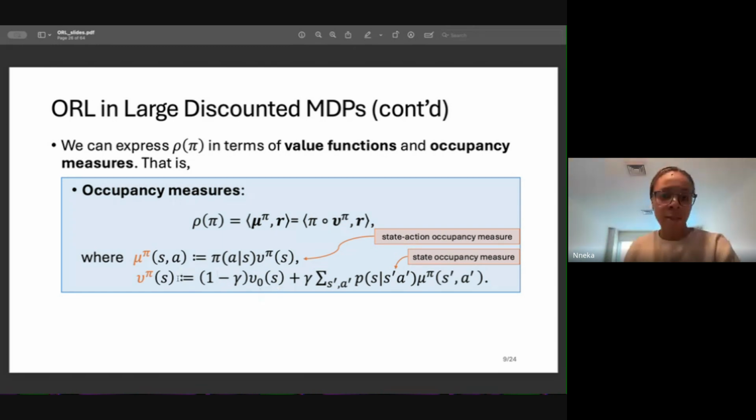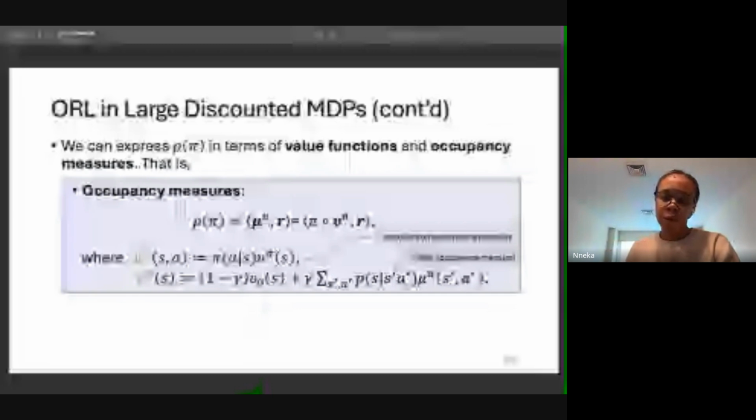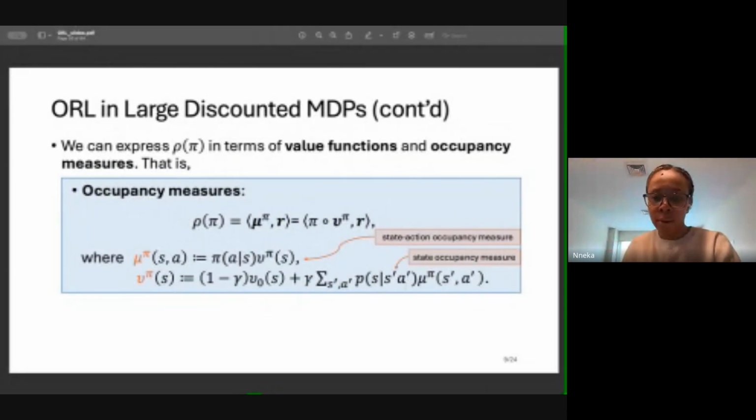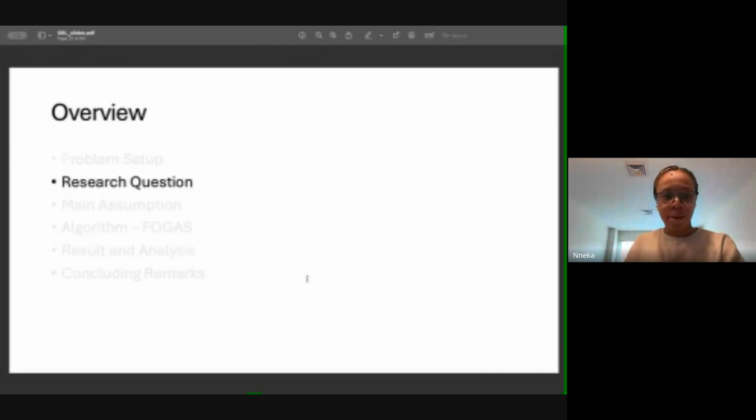It says that you're in a state either because you started from that state with probability 1 minus gamma, or you arrived at that state from some previous state with probability gamma. Now that concludes our round of notations. Any questions? Everything's clear?